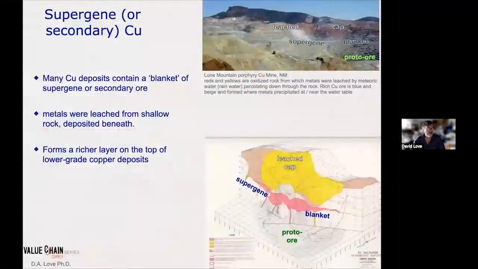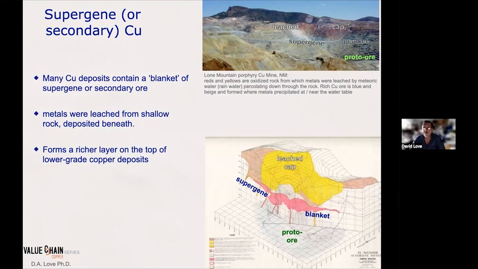The last category we're going to talk about here is supergene or secondary copper mineralization. Many copper deposits, especially those that formed in subtropical environments, contain an extra rich blanket or somewhat horizontal layer of what's called supergene or secondary copper ore. Here's an example from New Mexico.